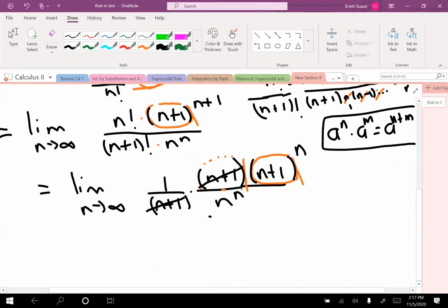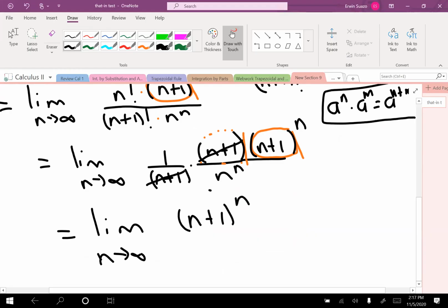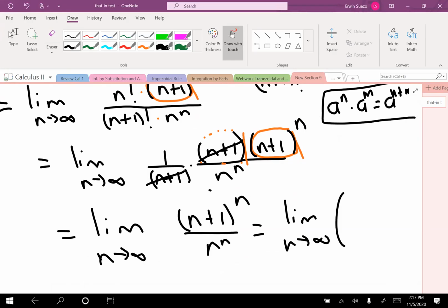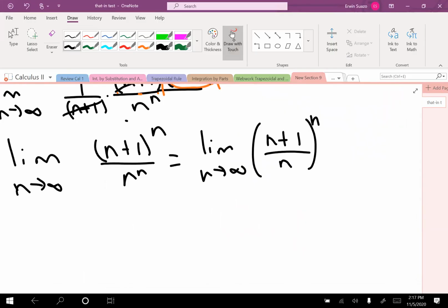So now I have the following, to see who remembers this limit. The limit as n goes to infinity of n plus 1 to the n divided by n to the n is the limit as n goes to infinity of the whole thing, n plus 1 divided by n, to the n. So what is that? Somebody remember that limit?